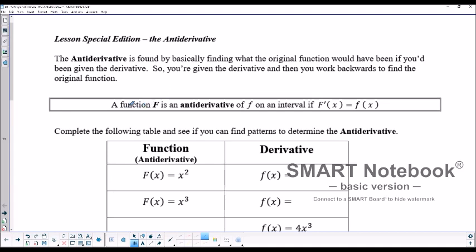Generally we denote the antiderivative with an uppercase F. So this uppercase F is the antiderivative of lowercase f on an interval. This is just all mumbo jumbo. If the derivative of the antiderivative is the function you're given.